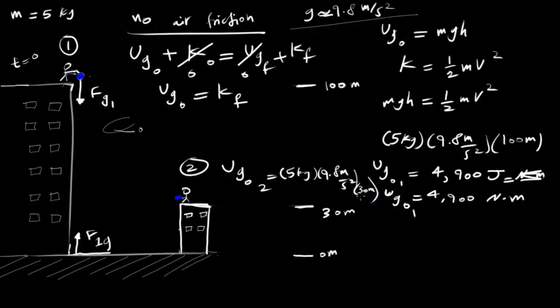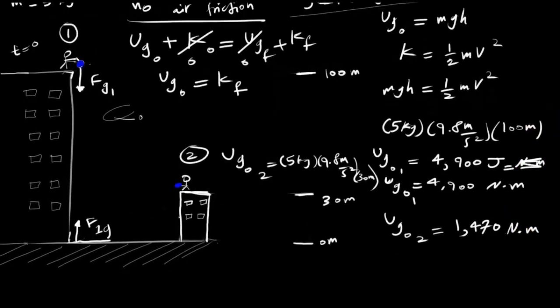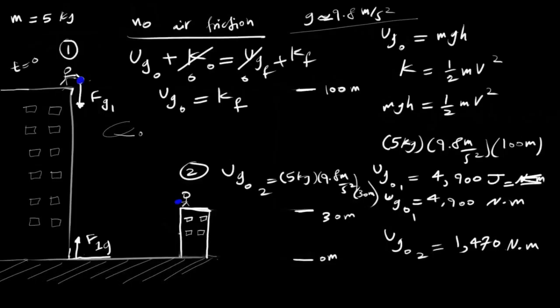So we end up getting 5 times 9.8 times 30, which is a lower potential energy of 1,470 joules or newton meters. I'll leave it as newton meters for now, just to keep it mechanical and be able to understand the relation between the distance and the force that was put on it.